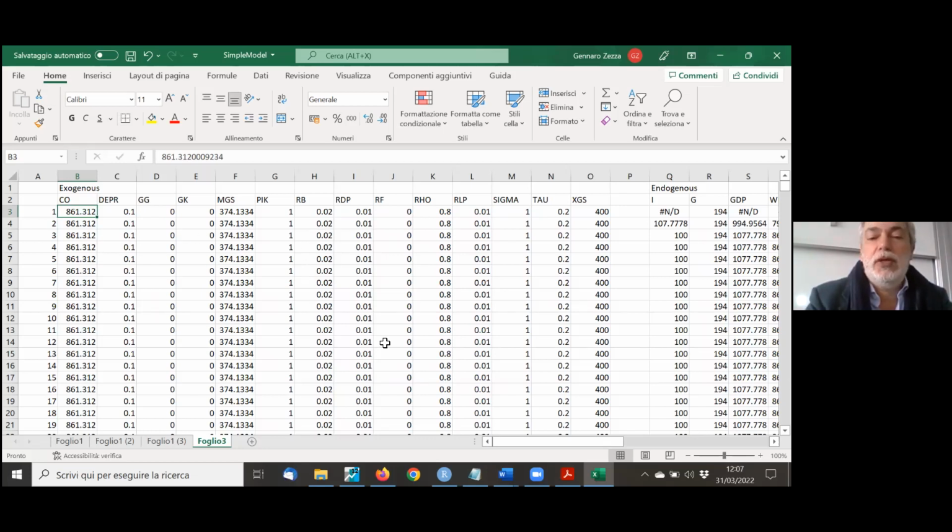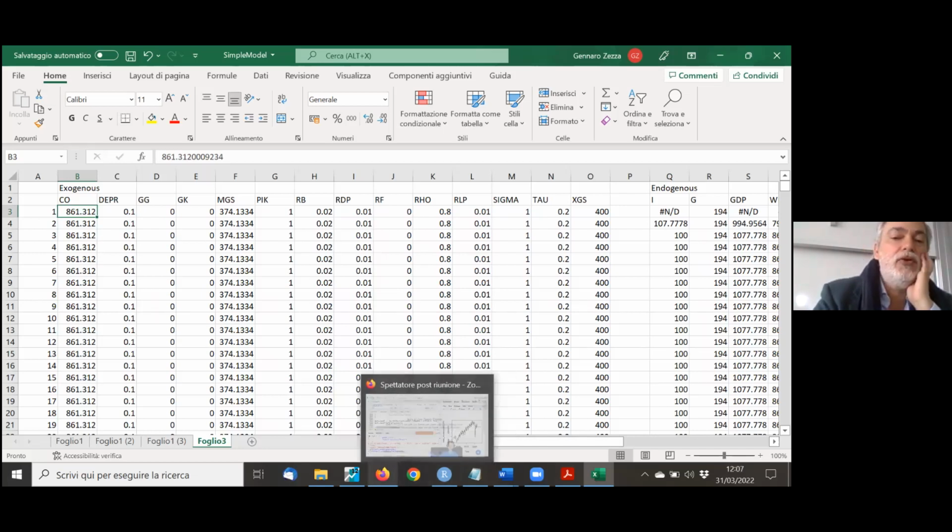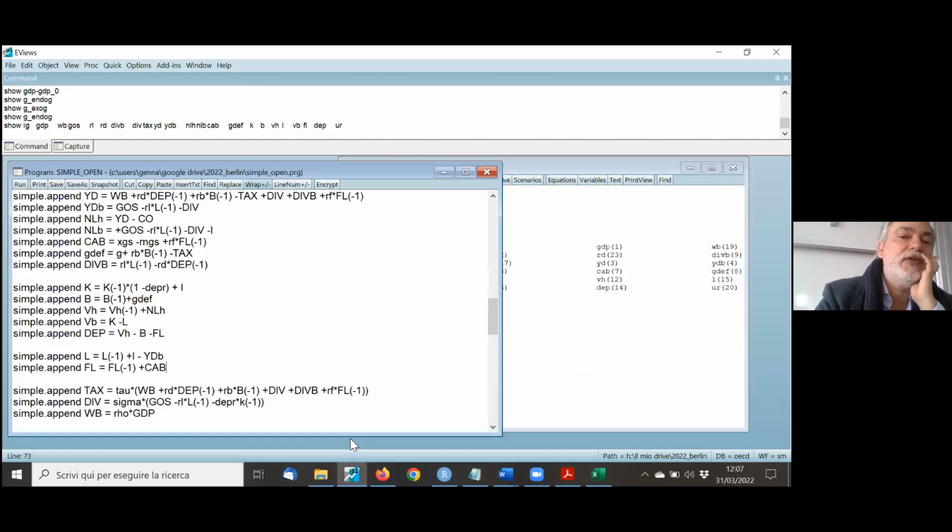Sometimes it may be useful to do this, but what I usually do is a mixture of trial and error and algebraic analysis. Try to look at what should be implied by using algebra. I know here there must be a simple, stupid mistake in the identities, which in a model which simulates for 2000 periods accumulates: a small error accumulates and makes everything explode.